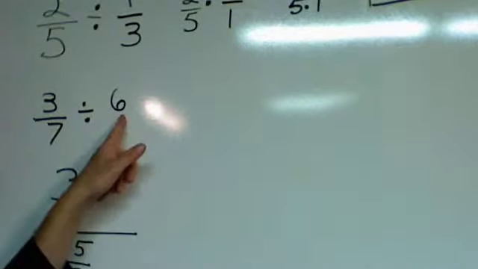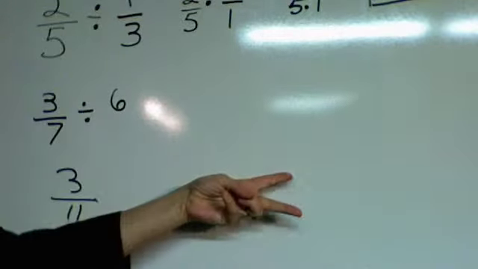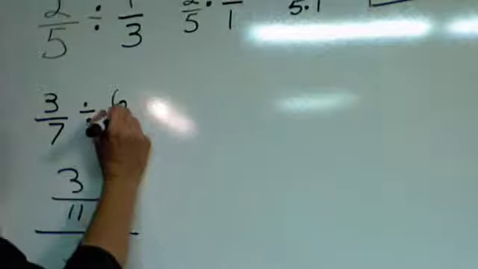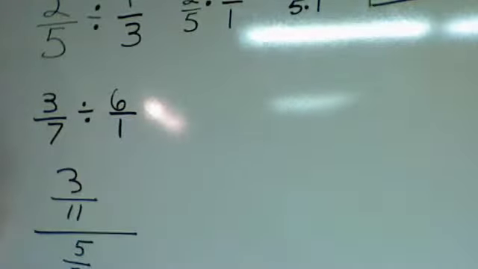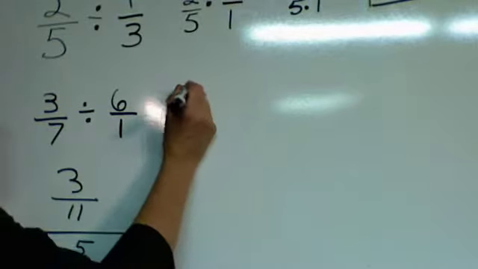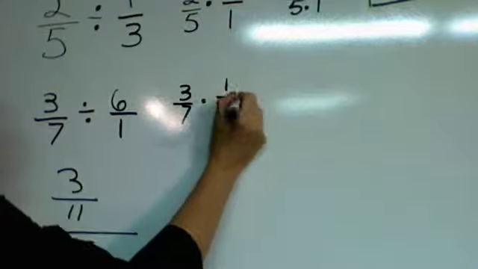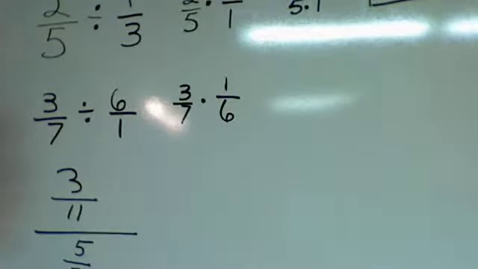This time we're dividing by 6. But if we want to use that same rule of inverting and multiplying, I'm going to have to write 6 as 6/1. Then I'm going to invert or flip this one, and I'm going to get 3/7 times this one flipped, 1/6. Now, at this stage of the game, I look to see if anything can cancel.